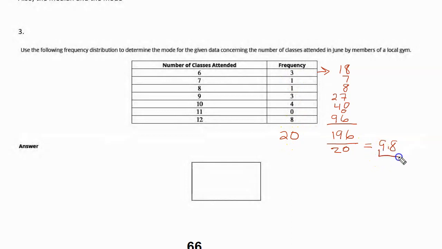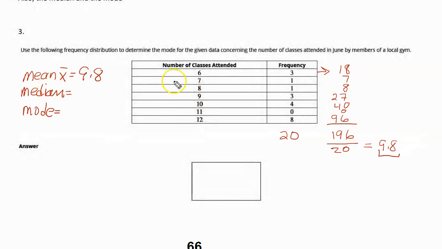So this gives us our mean, which is x bar 9.8. Now in figuring out the median, and then later the mode, we'll give you some time, and let's see what you get.